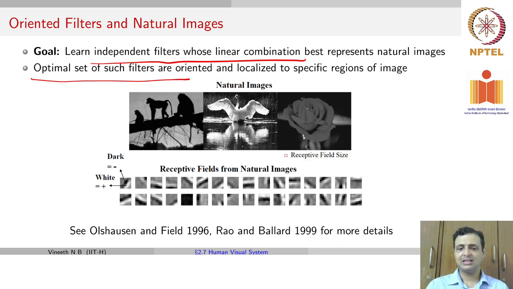Another way of saying this is a natural image simply becomes a positive response to a filter bank with several orientations, and each of these filters placed at different regions in the image. This should perhaps connect you to the discussion that we had with filter banks and Gabor wavelets and Gabor filters and steerable filters, and so on. So even at that time we mentioned that Gabor filters are known to be a little similar to how the human visual system performs, and this should perhaps give you the context of why we made that statement.